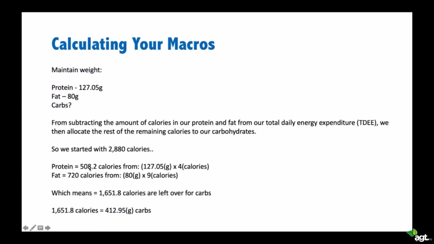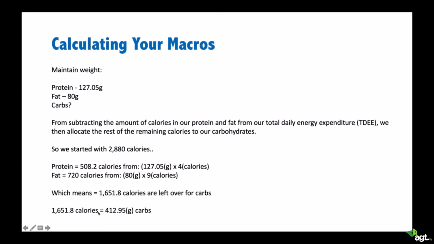Protein, 127.05 grams is 508.2 calories. Fat, 80 grams is 720 calories. If we add those two numbers together and subtract them from 2,880, we are left with 1,651.8 calories left over for carbs.